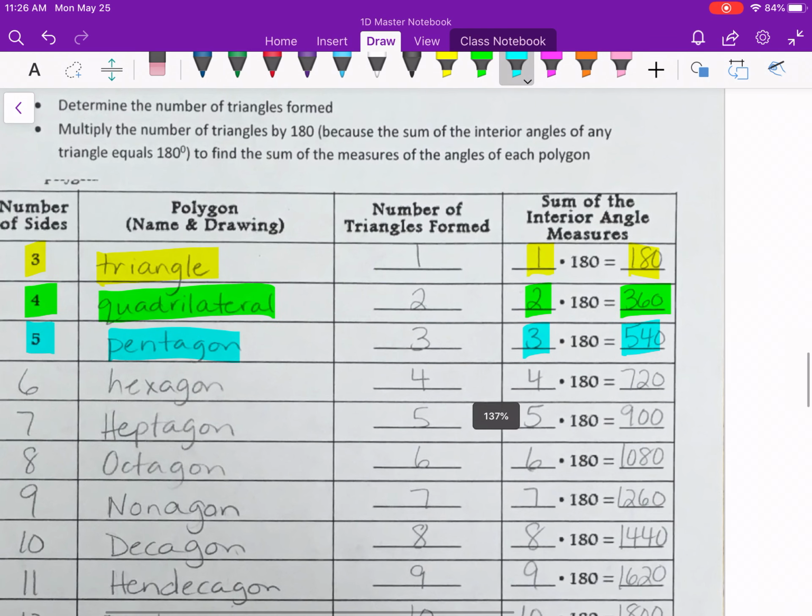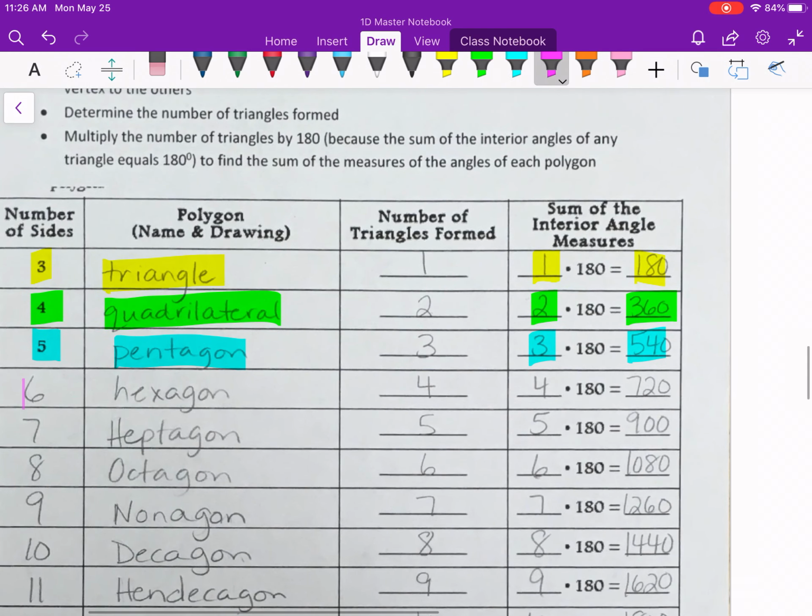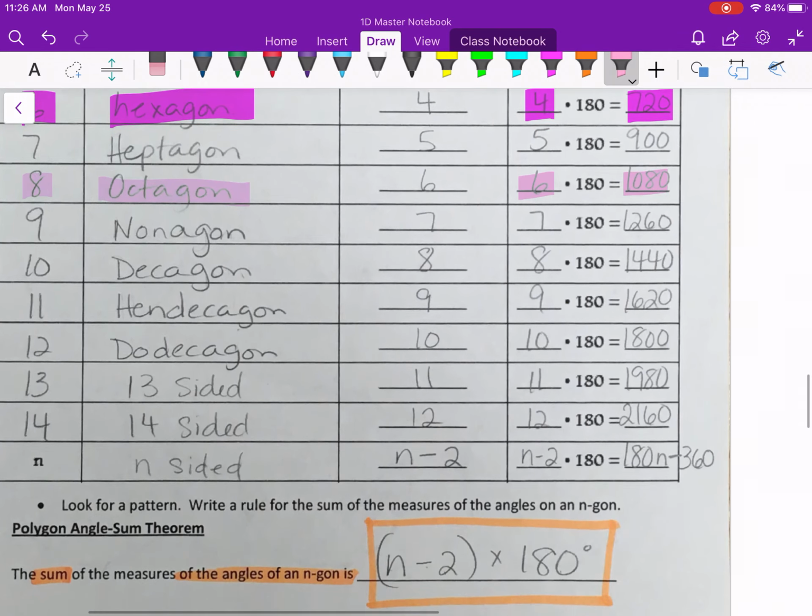And it just keeps going up from that. A hexagon, a six-sided figure, is made up of four triangles, so it's got 720 degrees in it. An octagon, I'm just going to jump ahead a bit, I don't want to hit every one of them. An octagon's got 8 sides, so therefore 6 triangles. I know that the interior angles of an octagon will always be 1080. So that's helpful.